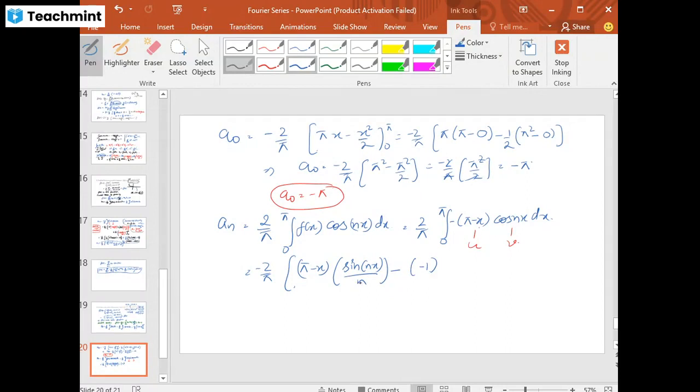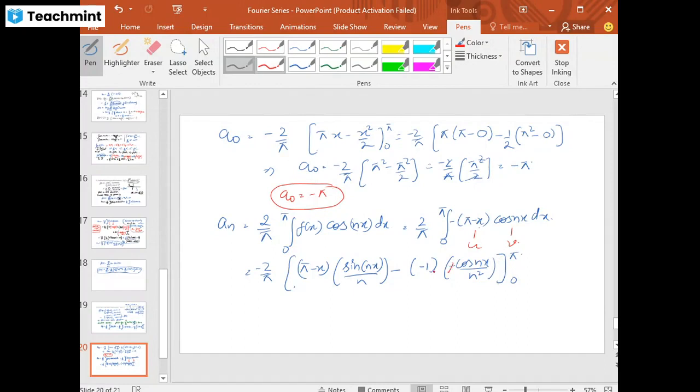Now v2 is the integral of v1. Integral of sine is minus cos nx upon n square. And further derivative of minus 1 is 0. So it means we stop our integration process here. So we simply need to substitute the upper limit and lower limit.